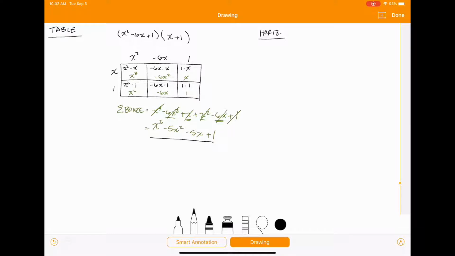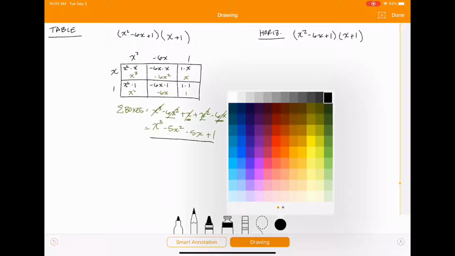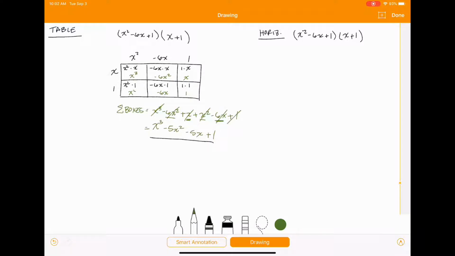All right, and let's just use the same example so we see that we get the same answer every time. So we've got x squared minus 6x plus 1 and x plus 1. I'm going to use a couple different colors so we can see this. You're just going to split this one up into different parts and multiply these 3 different parts by this each time.